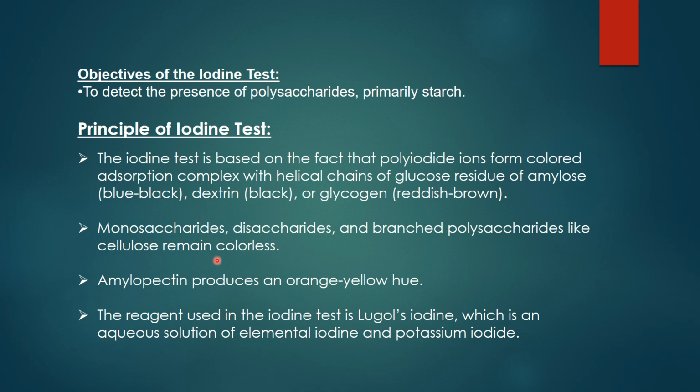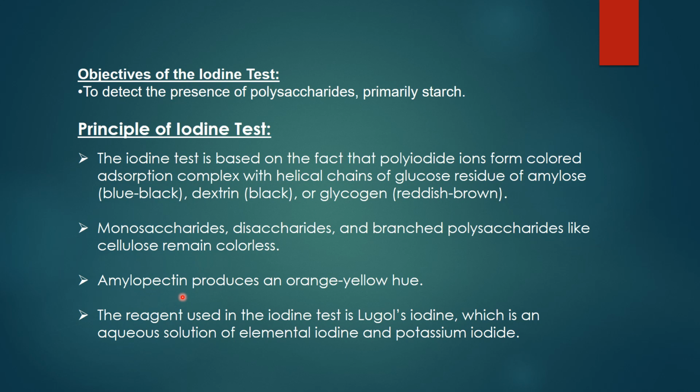The amylopectin produces an orange-yellow color. Amylopectin is branched but not like cellulose, so it produces an orange-yellow color.